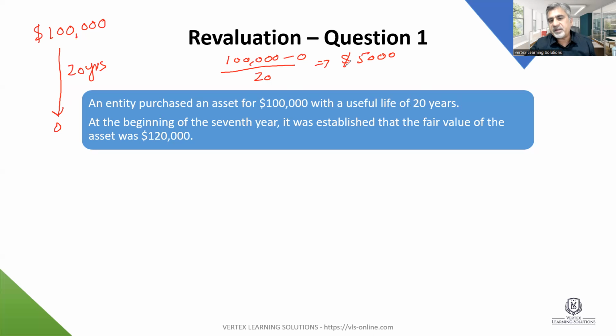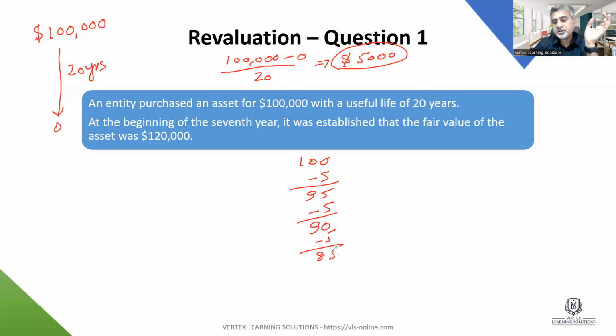It means that every year this asset will lose 5,000. So from 100,000, first year it will lose 5, net book value will become 95. Second year, 5,000 depreciation, net book value will become 90. Third year, 5,000 depreciation, net book value in the balance sheet becomes 85. Net book value and carrying value are the same.